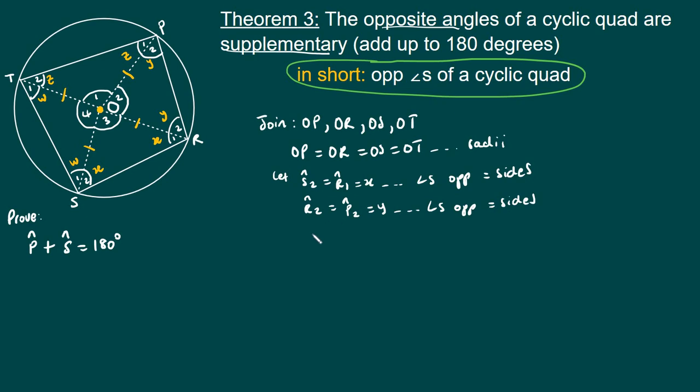And then you tell them angle P1 must be equal to angle T2, must be equal to Z. Same reason. I so wish we could say, if we said only one, you just tell them look above, but hey, we need to write them. And then angle T1 will be equal to angle S1, which both of them are going to be W, angles opposite equal sides.